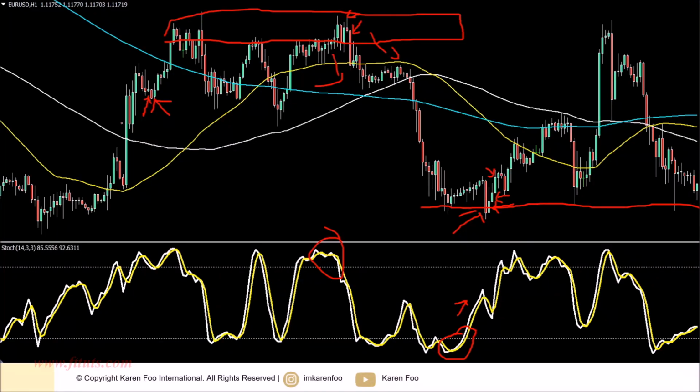It is not testing any resistance, not testing any support. There's no clue as to whether the price is going to bounce off from there, aside from the fact that maybe stochastics gave you overbought, but did it go back to neutral level? No. So this is what I mean by a very random place to trade a shooting star.